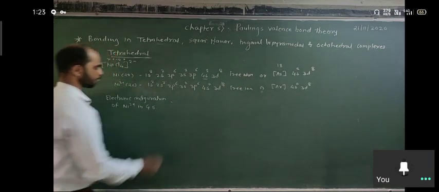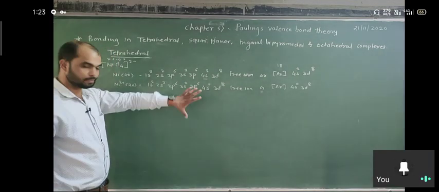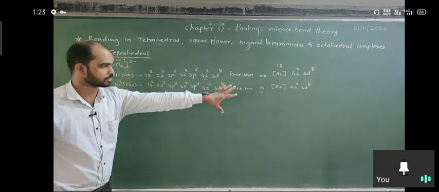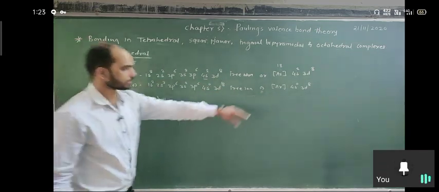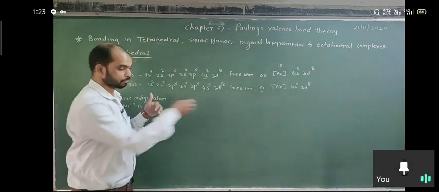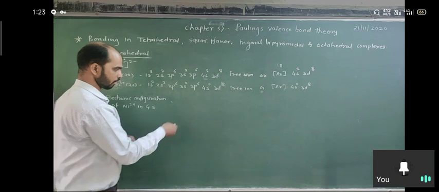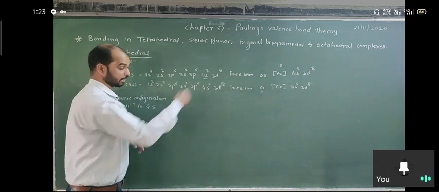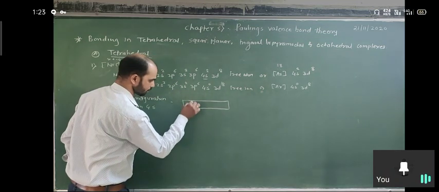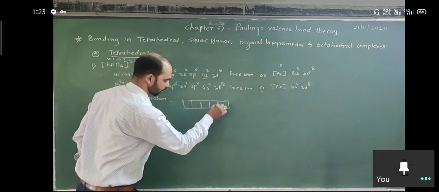So just represent the orbitals only. Which outer orbitals do we have? 4s, 3d. 3d first, then 4s, 4 is outer. So draw the 3d first, then 4s. D orbital has 5 suborbitals, 1, 2, 3, 4, 5.